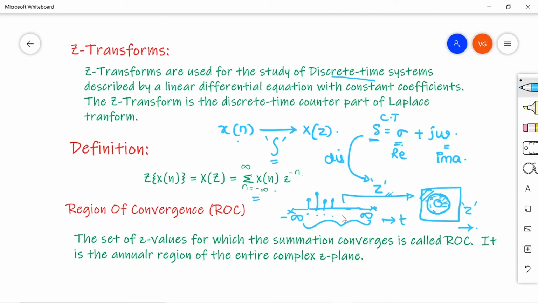You have a lower limit and an upper limit. The region bounded by the two circles, we call the region of convergence, where the x of n exists in the Z plane. That is defined as region of convergence.